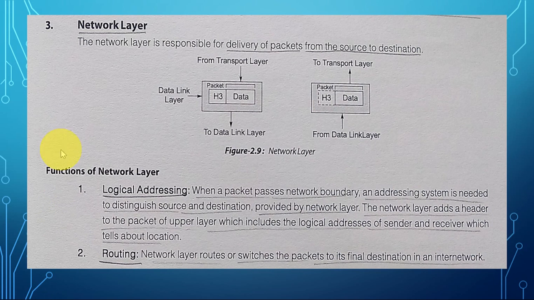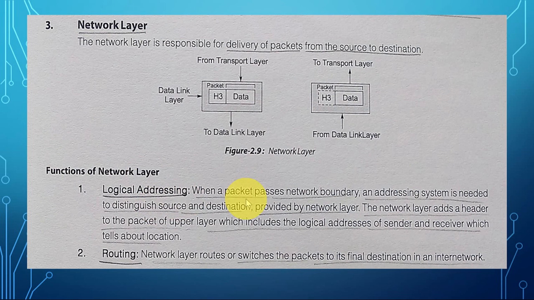Next is the network layer. The network layer is responsible for delivery of packets from source to destination. The network layer gives our data a logical address. Logical addresses are IP addresses, that is, Internet Protocol addresses.